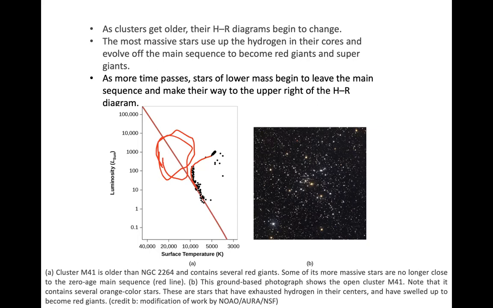And when more time passes, the stars of lower mass begin to leave the main sequence and make their way to the upper right corner of the HR diagram. If you look at the same HR diagram of the same star cluster after a few million years, there will be more and more stars even in this lower region that will go out from the main sequence, right?